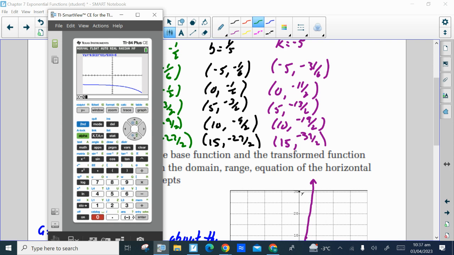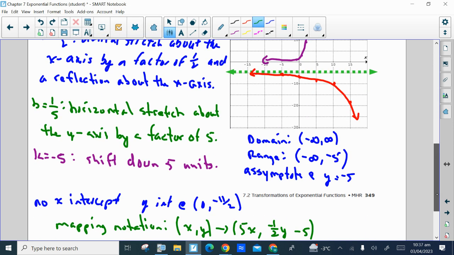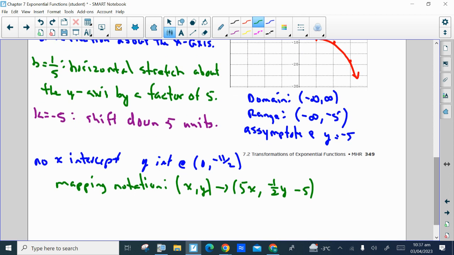So that point is correct. When x is 0, I get negative 5.5, which is negative 11/2. When x is 5, I get negative 6.5, which is negative 13/2. So all these points are being confirmed. Okay, so definitely use the graphing calculator to check. The graph that you get is correct.